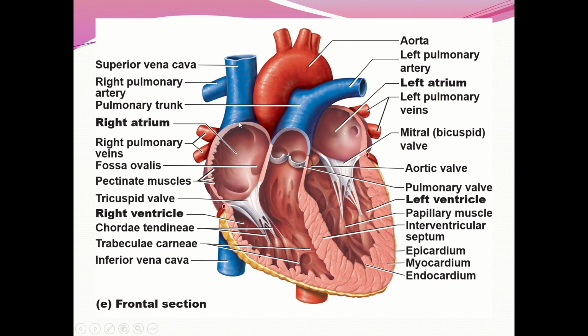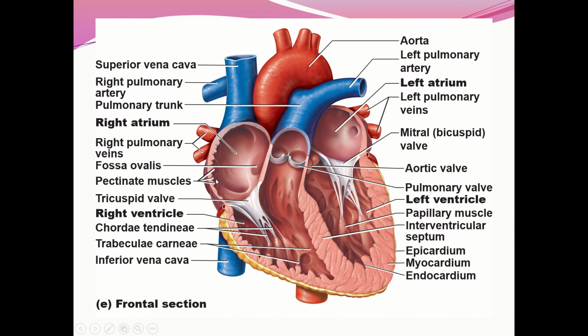Veins are going to carry blood towards the heart. When you see this blue color, it means that it's carrying deoxygenated blood. So the superior vena cava and inferior vena cava are bringing deoxygenated blood from the systemic circuit back to the heart where it enters the right atrium.